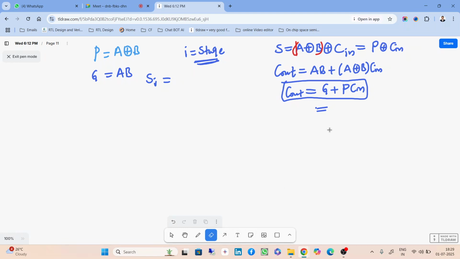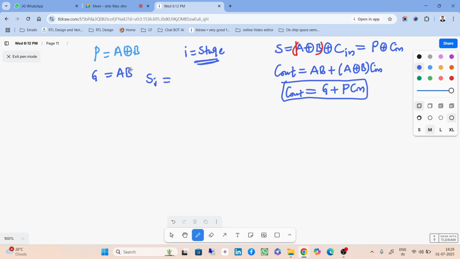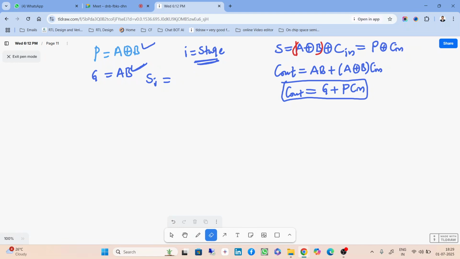Sir, can you repeat one more time? See here, what is my propagate? A XOR B. Propagate is A XOR B, and generate is AB. Now you see, Cout equal to this expression.